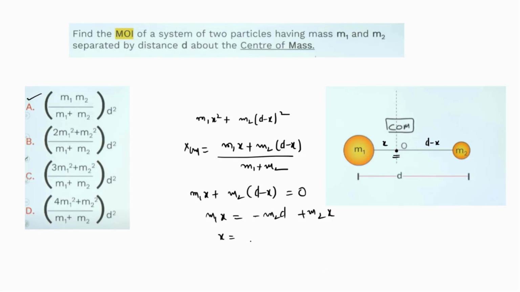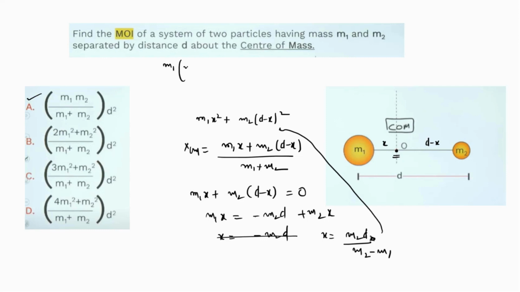So value of x comes out to be minus m2 into d. Sorry, you can write value of x is equal to m2d over m2 minus m1.